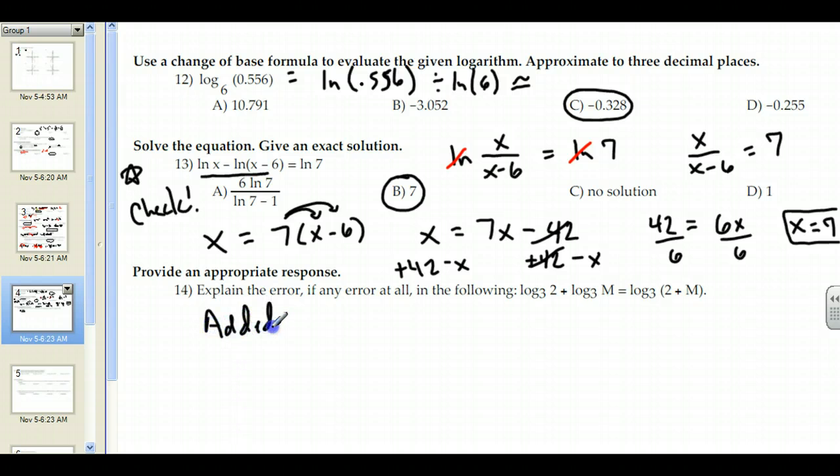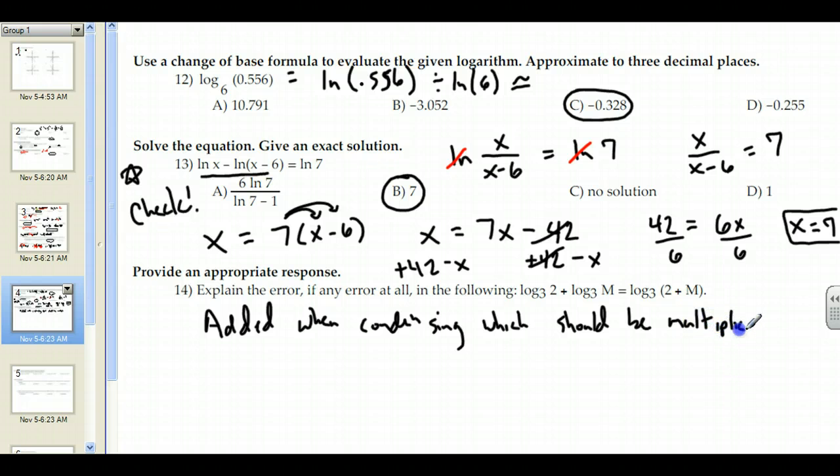So they added when condensing, which should be multiplication. So we should end up with a log base 3 of 2 times m instead of 2 plus m.